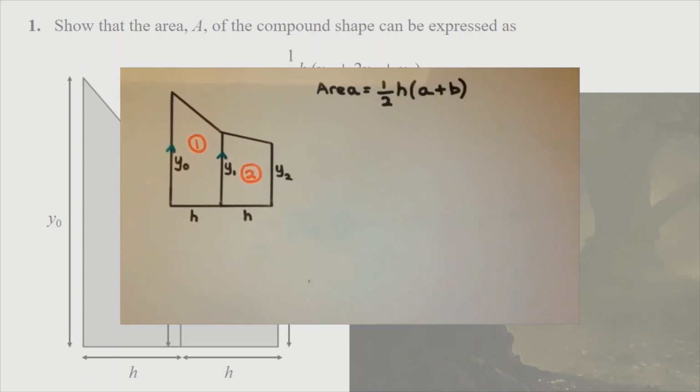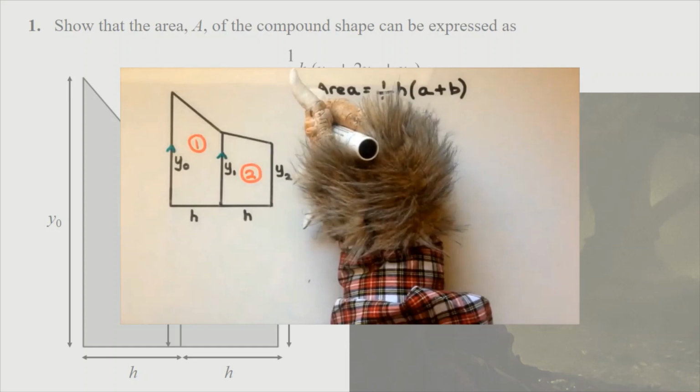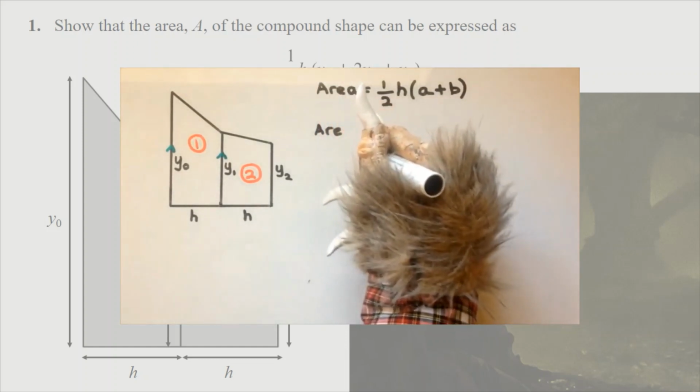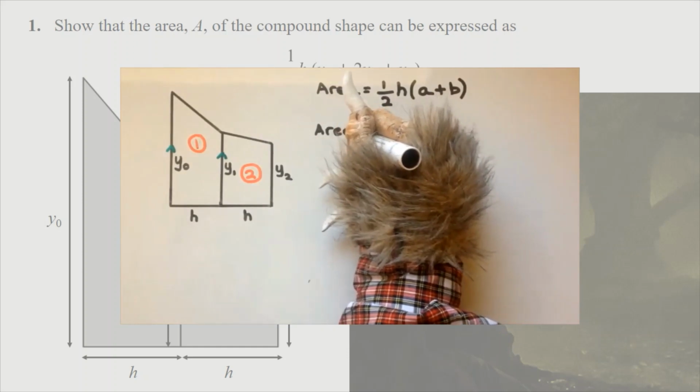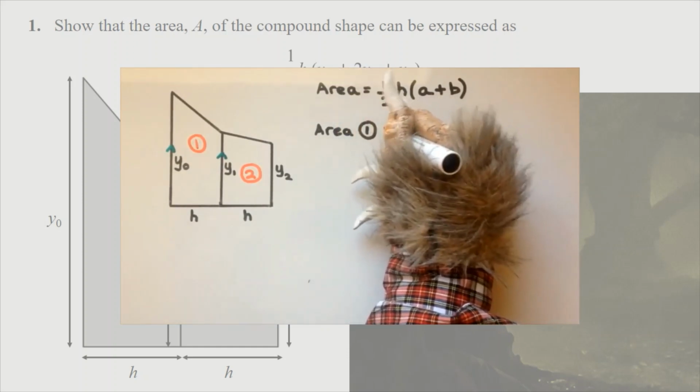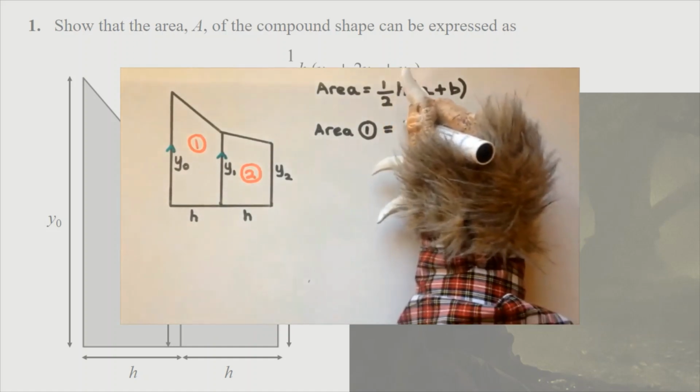So let's have a look at trapezium 1. Let's write this down. The area of 1 is going to equal 1/2.